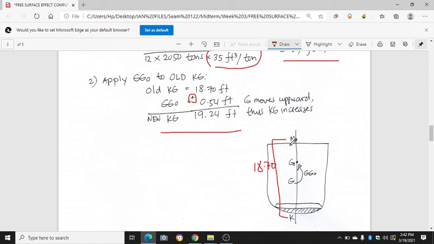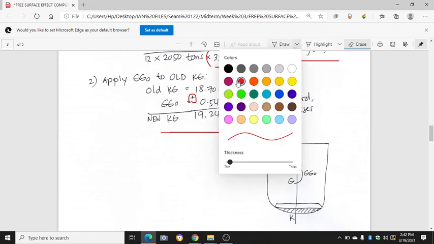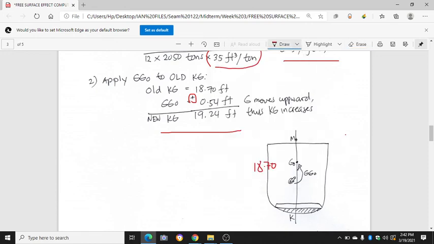The 18.70 is not KM, it's KG. Sorry, my mistake. Again, to avoid confusion, KG is 18.70.